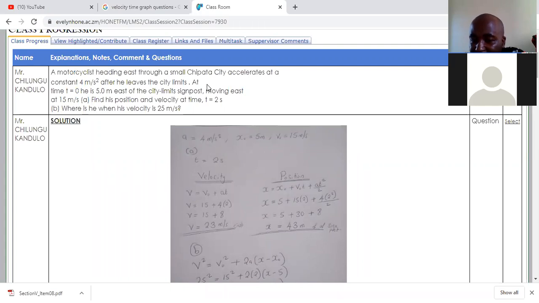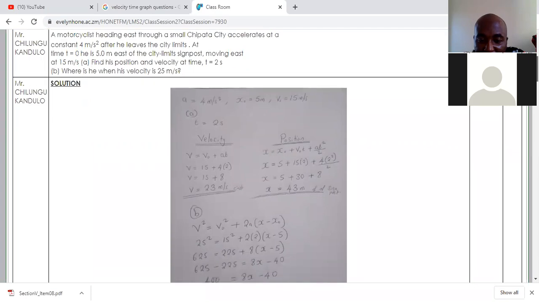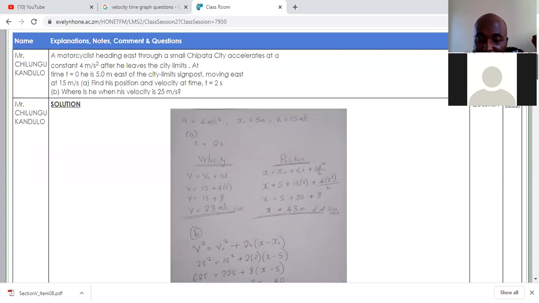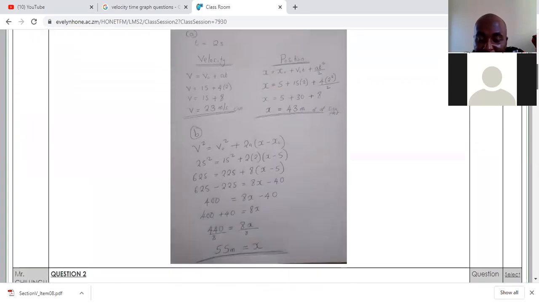Definitely, I saw that instead of 8, you're supposed to use 4. Yes, sir. But all the same, it's just the two there that have messed up. The answer is very accurate.